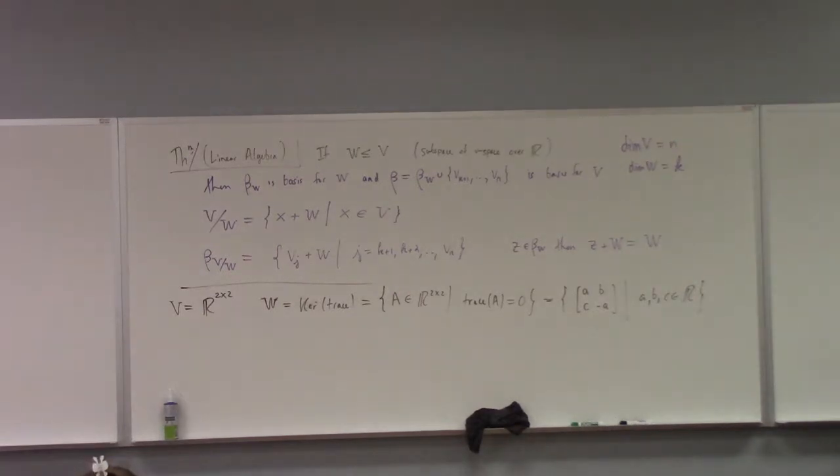That's the only restriction. A traceless 2 by 2 matrix has to have the sum of the diagonals be 0, which forces them to be negatives of each other.